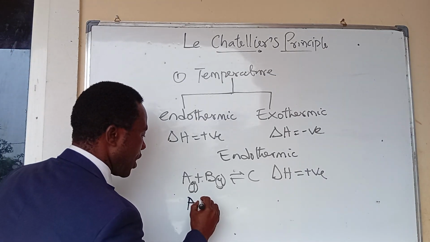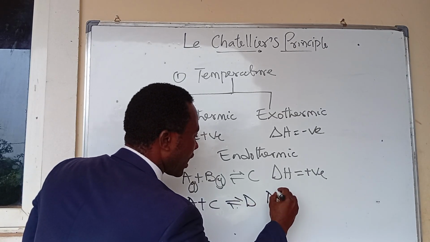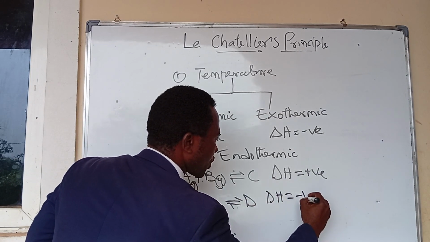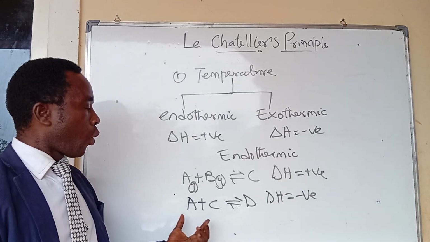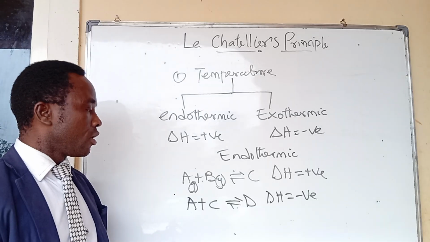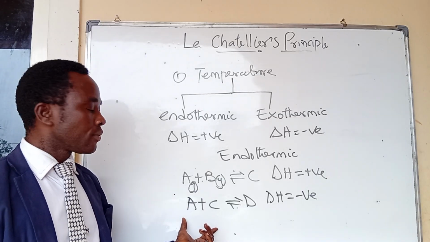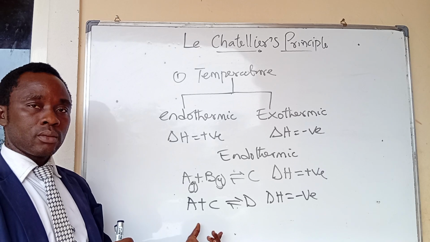If we now have A plus C to give D, and we are told that change in enthalpy of the reaction is negative, what happens in this case? What happens here is the opposite of what happens in endothermic reaction. For exothermic reaction, increase in temperature favors backward reaction.